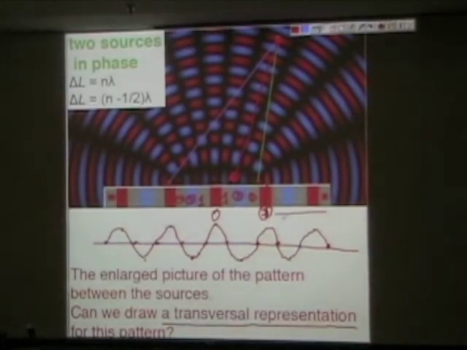So this is the distance traveled by the wave from the right source. Let's call it R2. And that's the distance traveled from the left source. Let's call it R1. So if you look at the picture, R2 equals 1 quarter, 2 quarter, 3, 4, 5. 5 quarters.